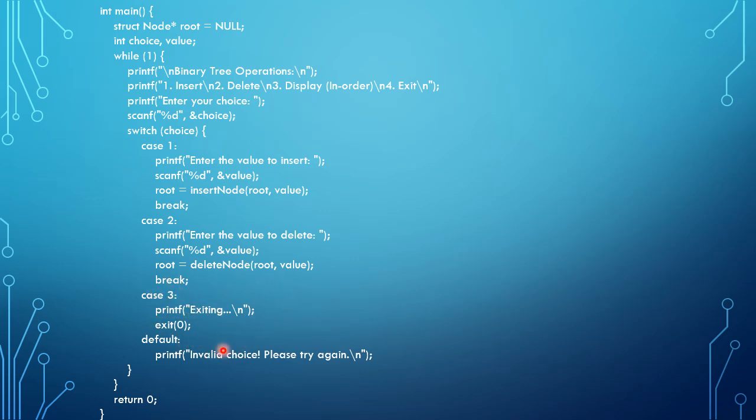Then the while loop stops iterating. If the user enters an invalid choice, that is, the data doesn't contain 1, 2 or 3, it jumps into the default case and prints invalid choice, please try again, and returns 0.